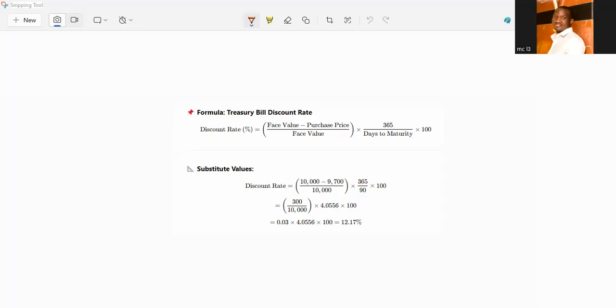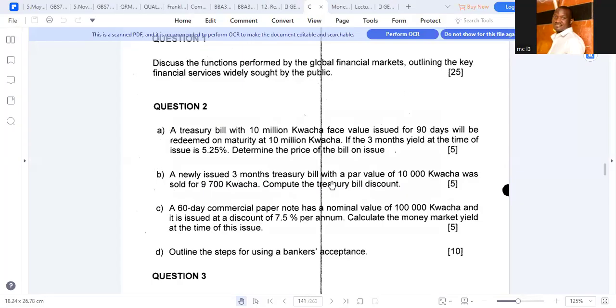So we are told that a newly issued 3-month treasury bill. 3 months is 30 by 3, which is 90 days.